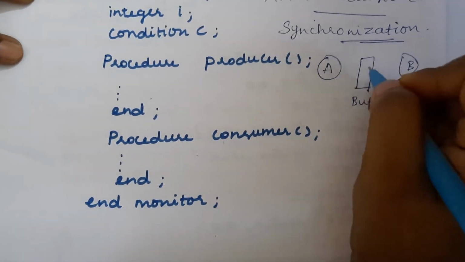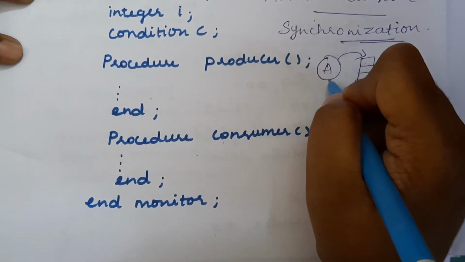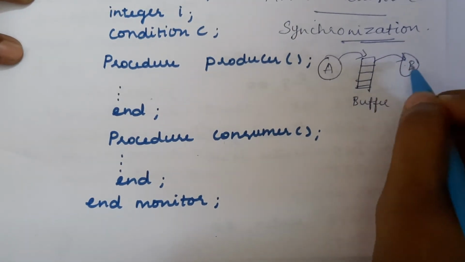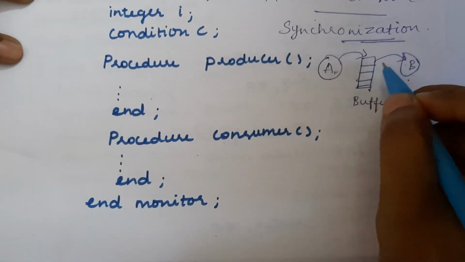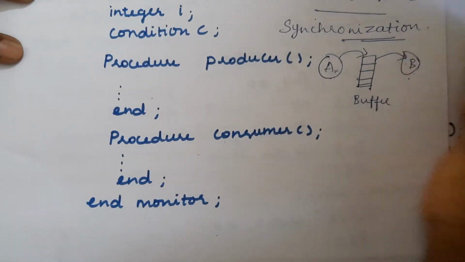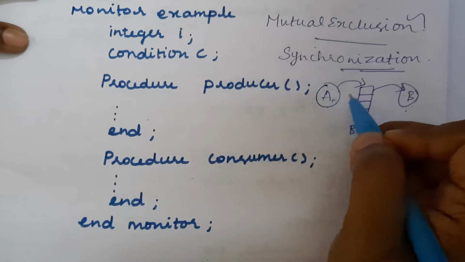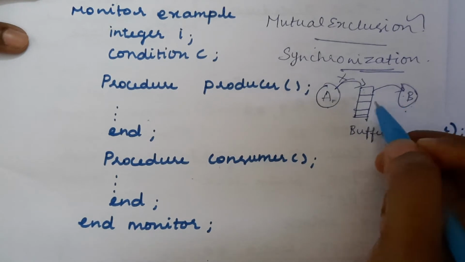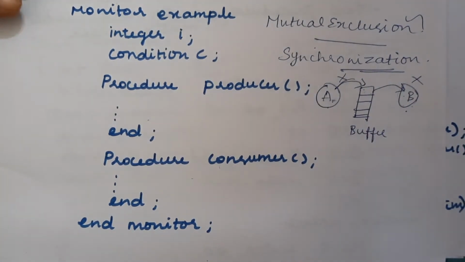It is a common storage space where we store all the data items produced by the producer, and from this buffer all the data items are removed by the consumer. But both processes cannot execute at the same time. This is mutual exclusion. And what is synchronization? If the buffer is full, then producing is not possible. If the buffer is empty, then consuming is not possible. That is synchronization. So we should synchronize both processes, isn't it?